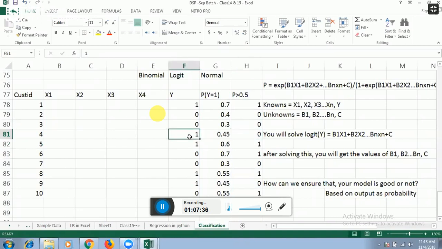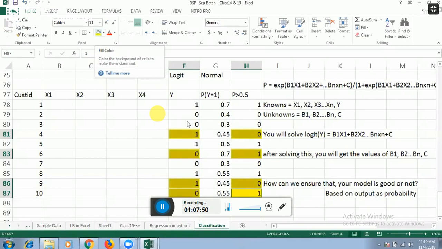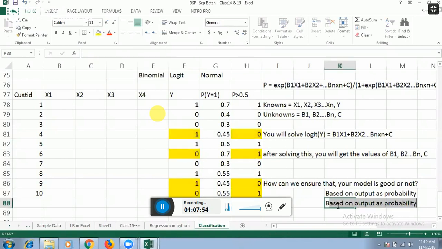Suppose this customer you are predicting wrong, and this customer wrong, and this customer wrong, and this customer also predicted wrong, correct or not? So these are my misclassifications. So that means there is an output as a categorical variable after choosing a right cutoff.